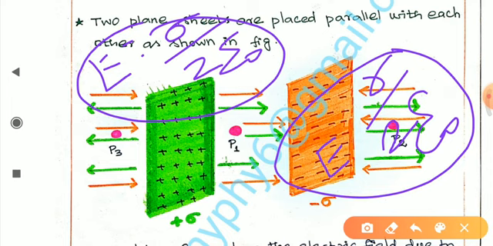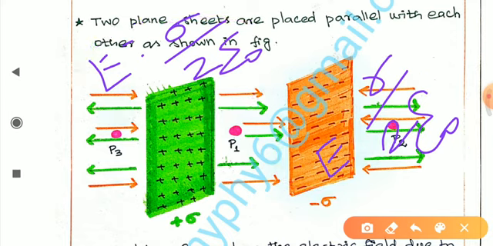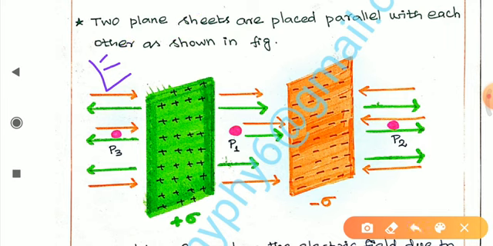Are you clear? Right. Now we are taking the point P1 which is between the two plates. It is given exactly in this diagram. For your understanding purpose only, I have used different colors for both the plates. For the positive surface charge density, I have used the green color.